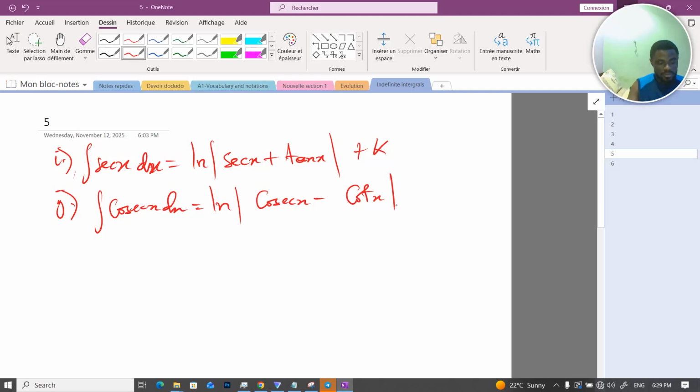In some cases, it's also equal to minus ln of tan of x on 2. It's also equal to this. You understand? So if you differentiate this, you have cosec x.